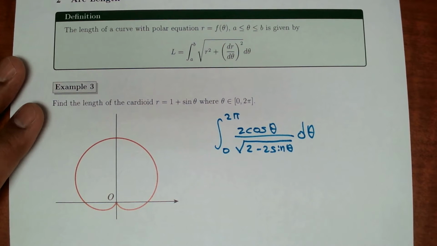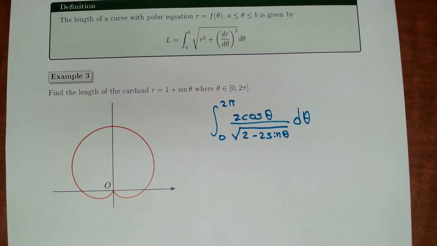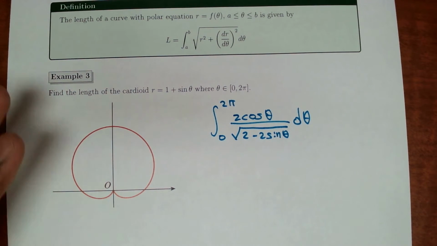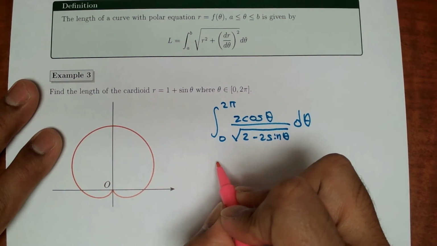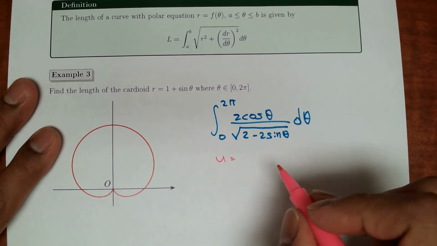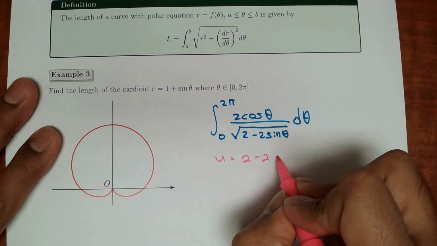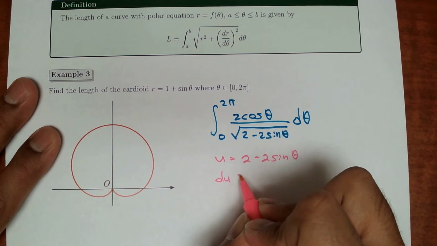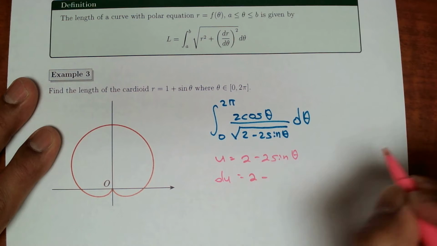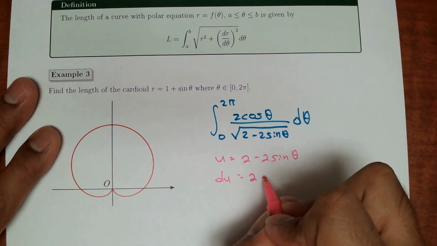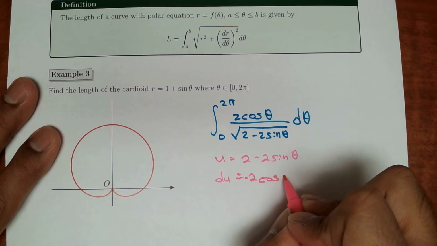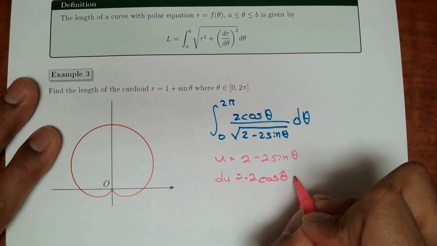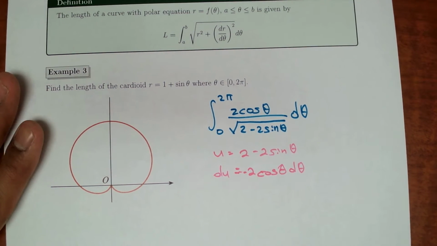This is what we got to in lecture: u equals 2 minus 2 sine theta, and du equals negative 2 cosine theta d theta. All right.